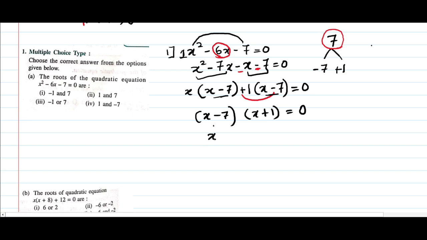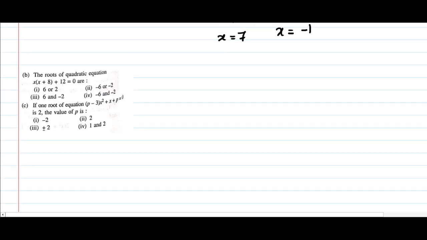So if we equate x minus 7 is equal to 0 and x plus 1 is equal to 0, we will get x is equal to 7, since if this term turns to this side, we will get minus as plus. And here x is equal to minus 1. So the answer is option A, that is minus 1 and 7. So this answer is correct. I hope the question is clear for everyone.